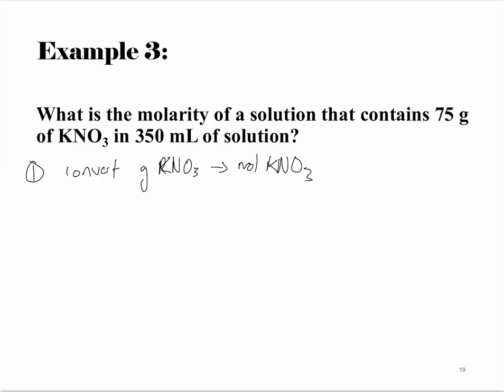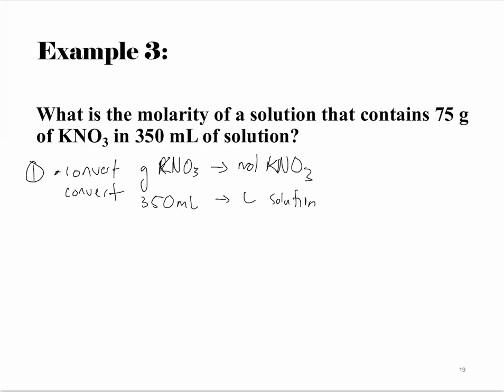Why? Because we know the units for molarity have to be moles per liter, and we're given grams and milliliters here, right? So we also need to convert what to what? Yep, we need to convert 350 milliliters to liters of solution.